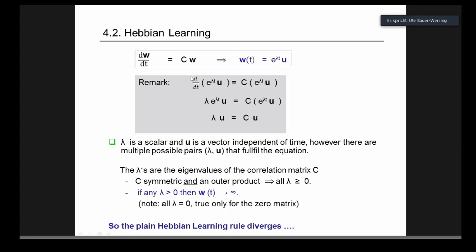We have this expression, the exponential function of lambda t times u.